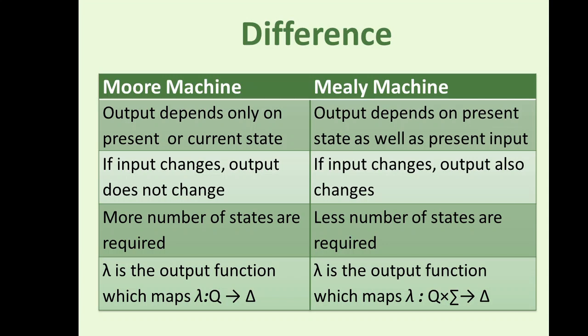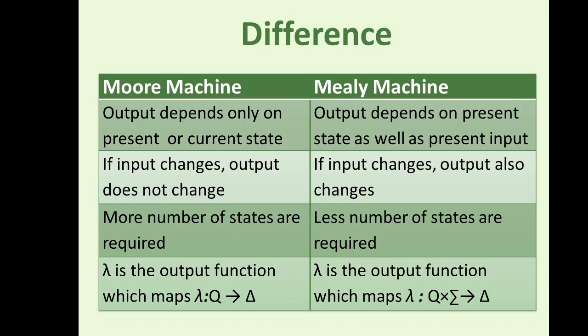Let's consider some of the differences between Moore and Mealy machine. In Moore machine, output depends only on present or current state, whereas in Mealy machine, output depends on present state as well as the present input symbol. In Moore machine, if input changes, output does not change because output is associated with a state.